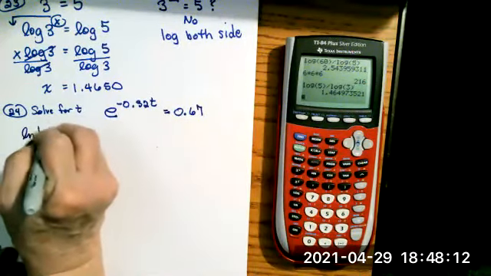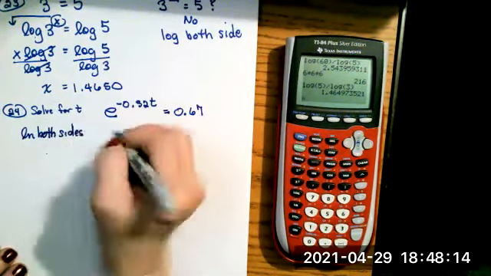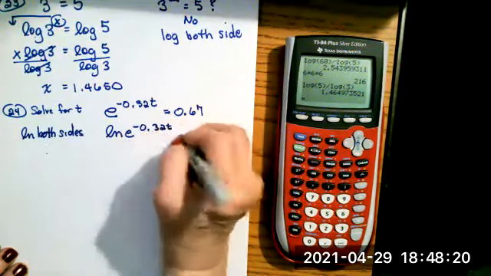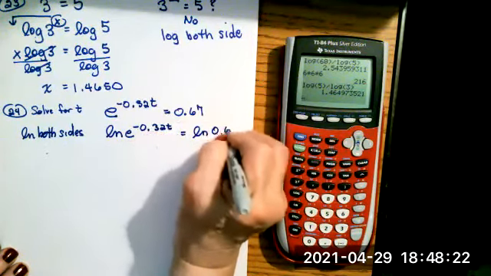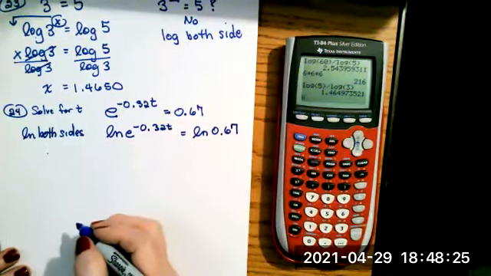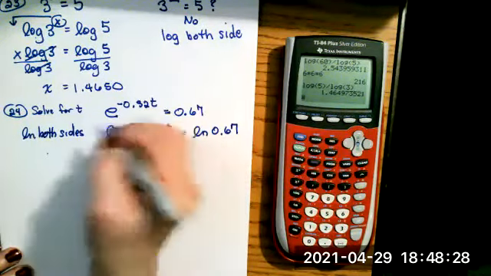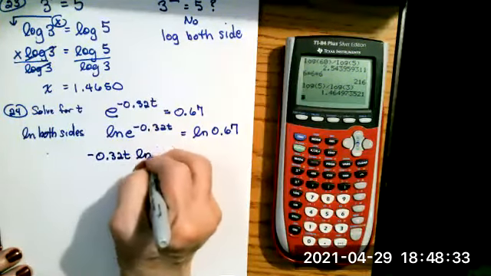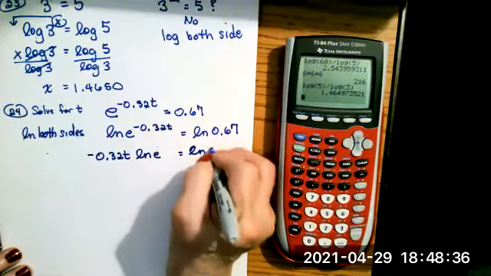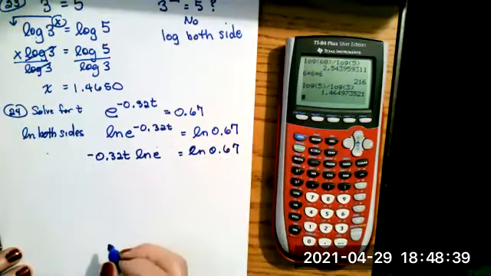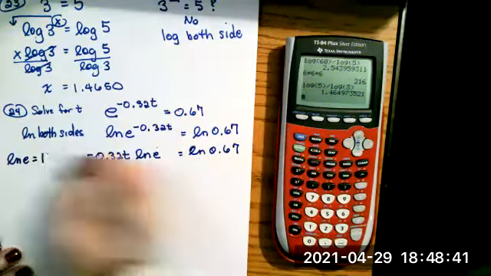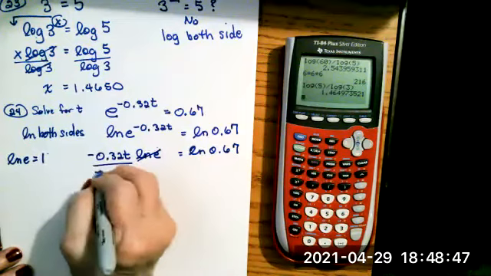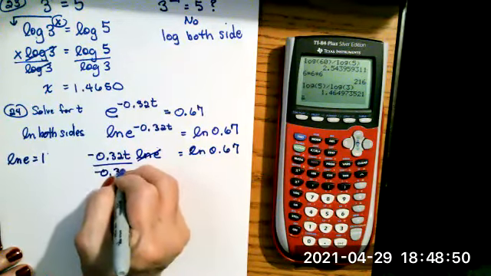So ln both sides. ln e to the negative 0.32t equals ln 0.67. Now bring your exponent into the front using that product rule. And ln e, remember, equals 1. So that thing just cancels out there because it's 1. So we're dividing both sides by negative 0.32.